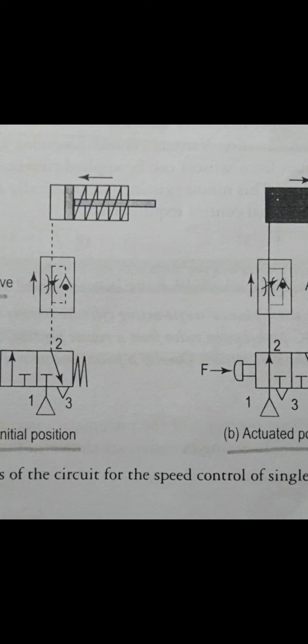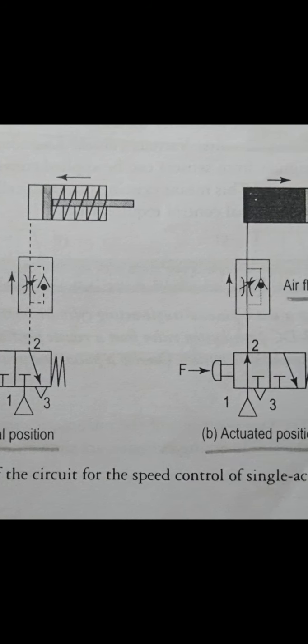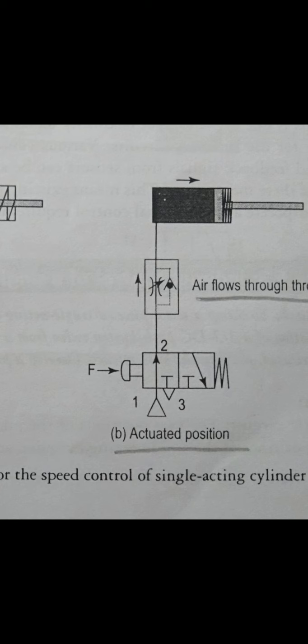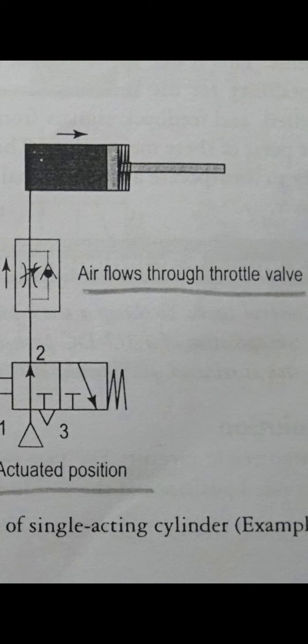So when the power is on and you apply force with the push button, the circuit will be actuated. Here 1, which is a pressure port, is connected to 2, which is a working port, and air flows through the throttle valve.